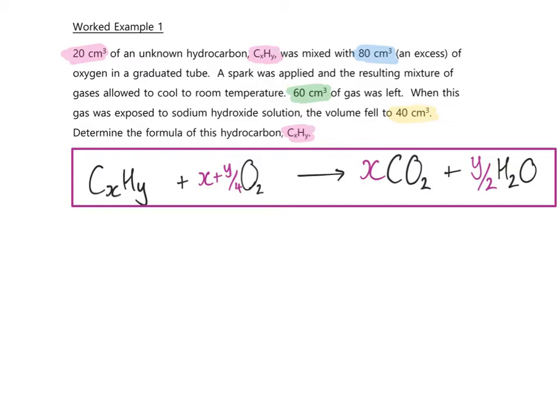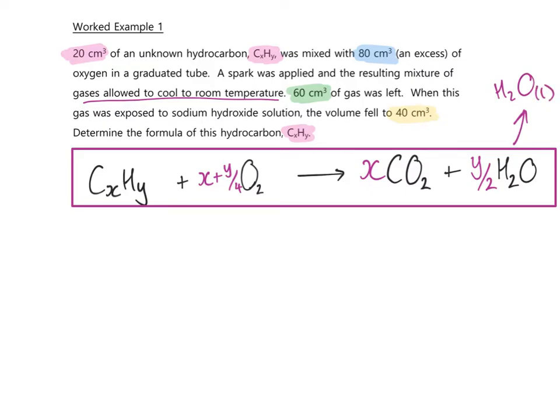However, we're told in the question that the gases that are produced are allowed to cool to room temperature. So our hydrocarbon is all used up, and therefore we'll have oxygen, carbon dioxide and steam. But if the gases are allowed to cool to room temperature, oxygen will stay as a gas, carbon dioxide will stay as a gas, but water will turn into a liquid.